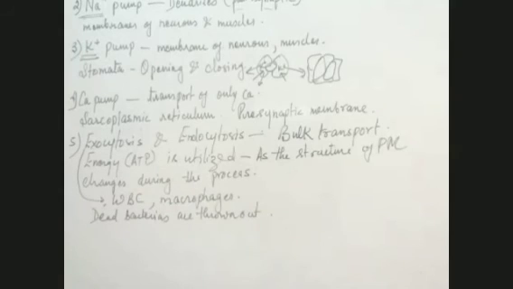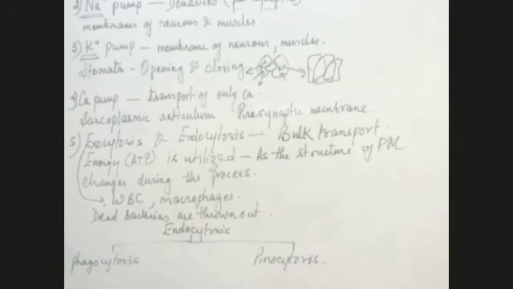Endocytosis is when the cell takes in something. It is further of two types: phagocytosis and pinocytosis.